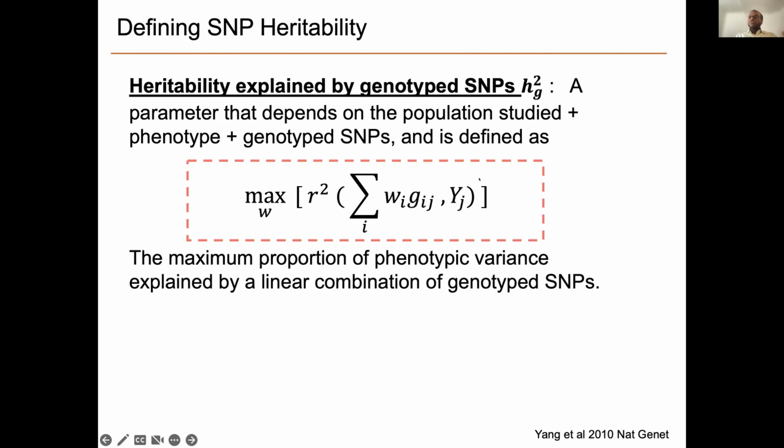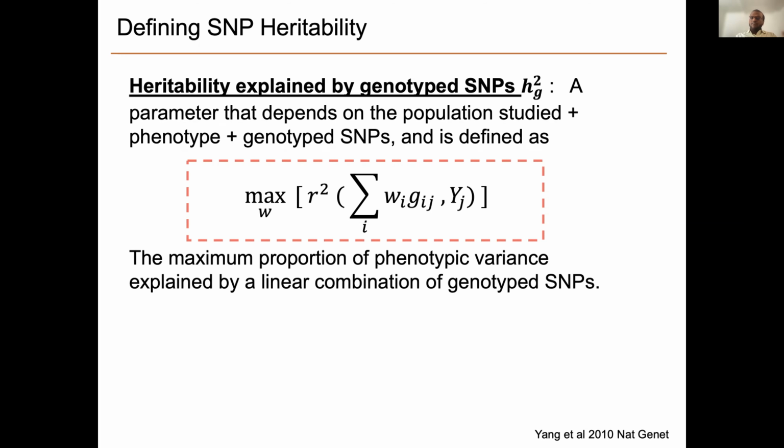So we are going to primarily focus on narrow sense heritability, and in fact, a subcategory of narrow sense heritability, which is explained by the genotyped SNPs in a particular assay, the h_g². And this is the parameter that is of particular interest for a lot of these GWAS studies for traits and diseases. One way of formalizing this is that h_g² is the maximum proportion of the phenotypic variance that can be explained by a linear combination of the genotyped SNPs.